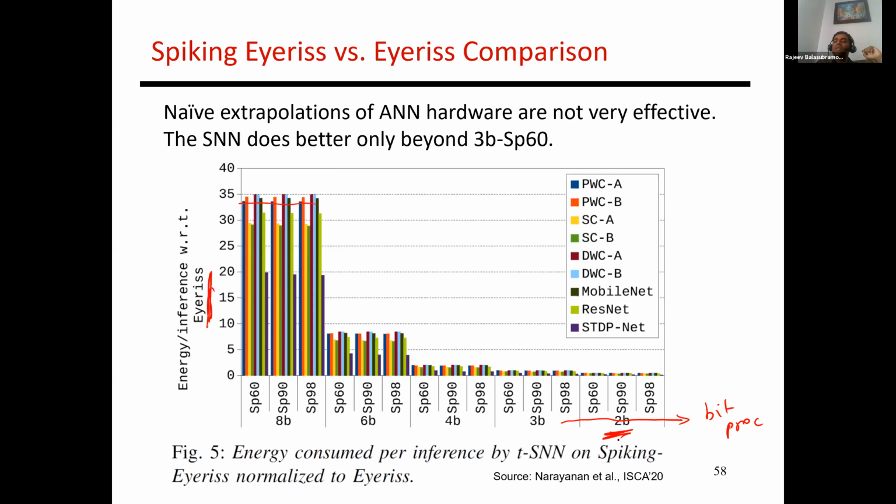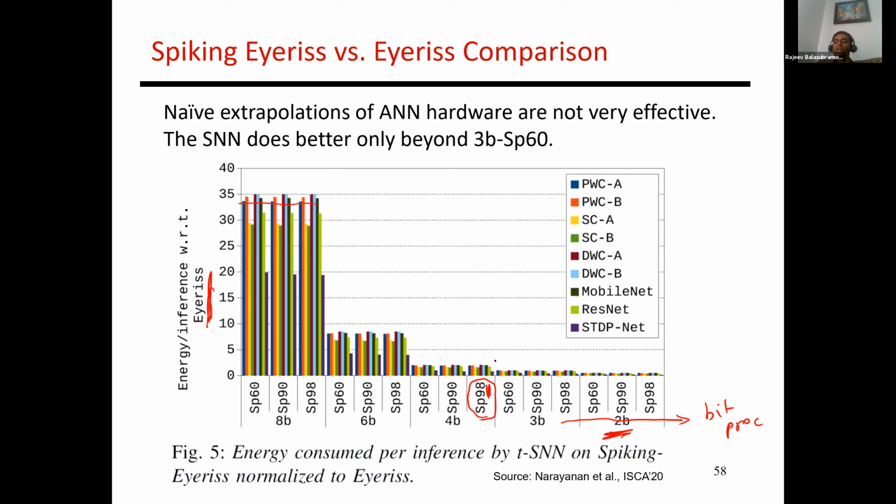The other dimension over here is the sparsity level in the spikes. So this is 98, which means only 2% of all the cycles actually have spikes in them. So if the sparsity level is really high, then I can match the efficiency of an artificial neural network. Right?